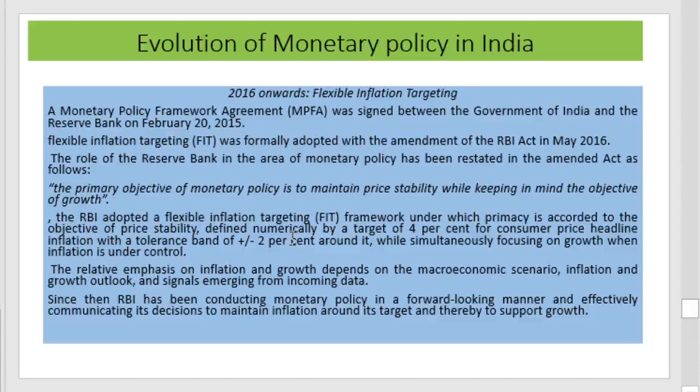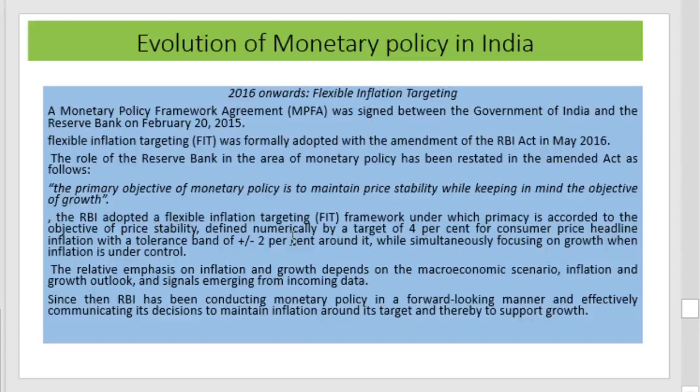The role of the Reserve Bank in the area of monetary policy has been restated in the Amendment Act as follows. That is, we have introduced an agreement known as the Monetary Policy Framework Agreement, which was signed between the Government of India and the Reserve Bank of India, and flexible inflation targeting was adopted by amending the RBI Act in May 2016, and the amendment is like this.